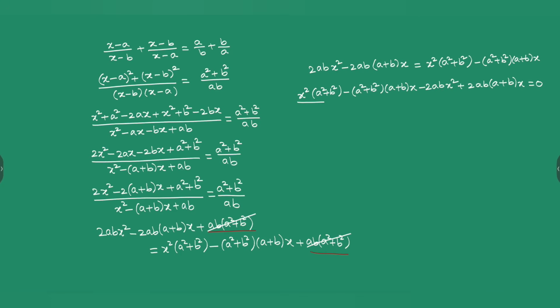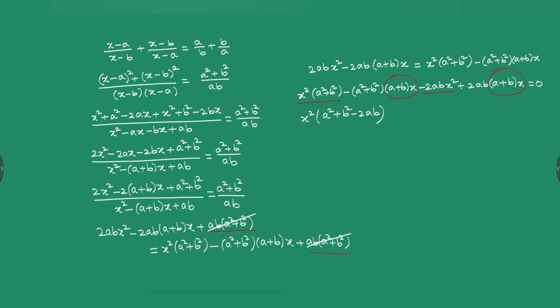Now here we have an x square term, here also an x square term. So if we take x square common, x square into a square plus b square minus 2ab. Similarly, the x term also we take common. Here we have a plus b x, here also a plus b x.